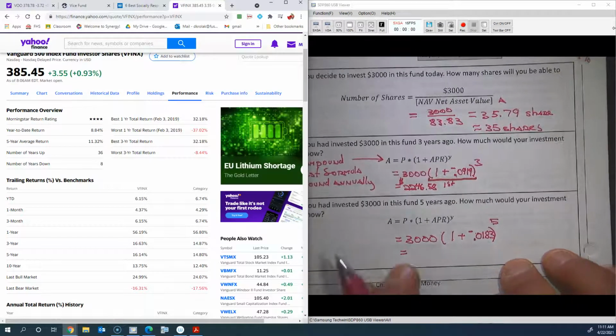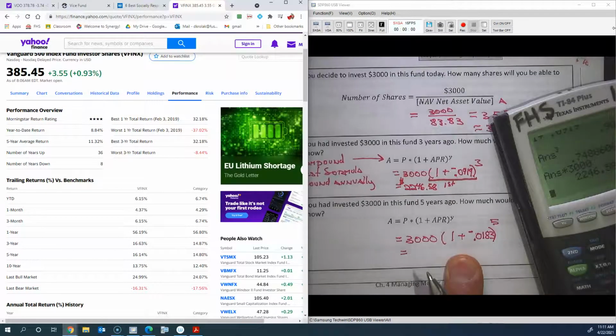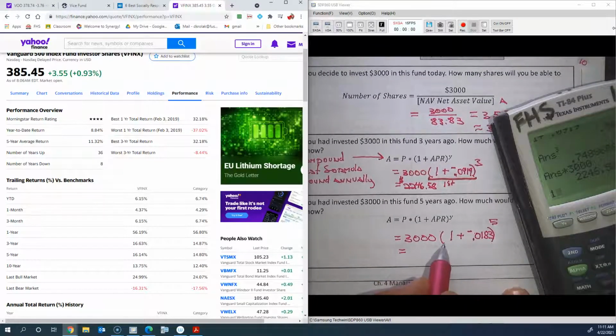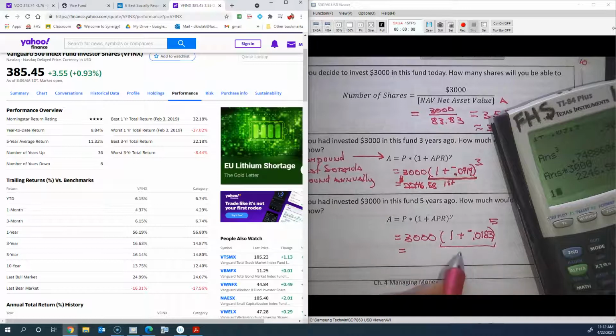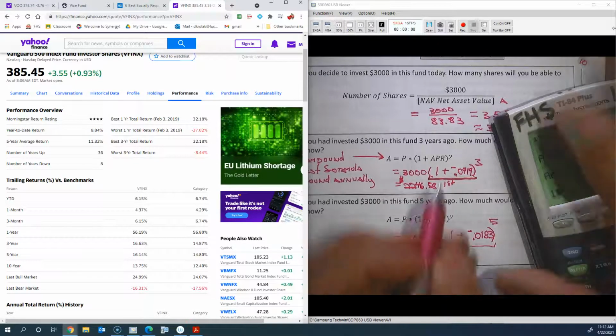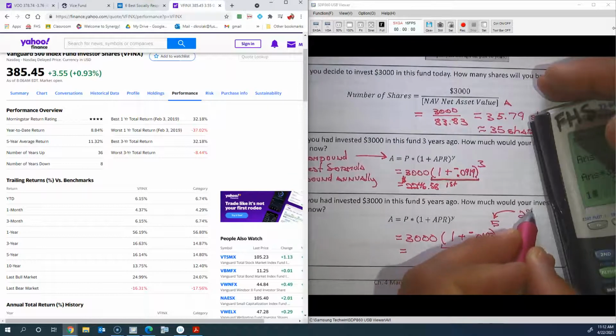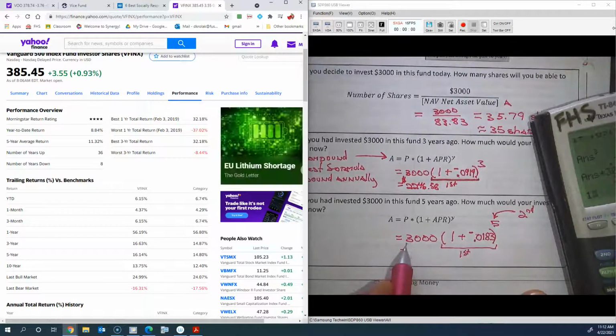All right, if I did this next one, let's see, we do the parentheses first. So I'm going to do that first. Then I'm going to do the exponent second. And then I'm going to multiply by 3,000 third.